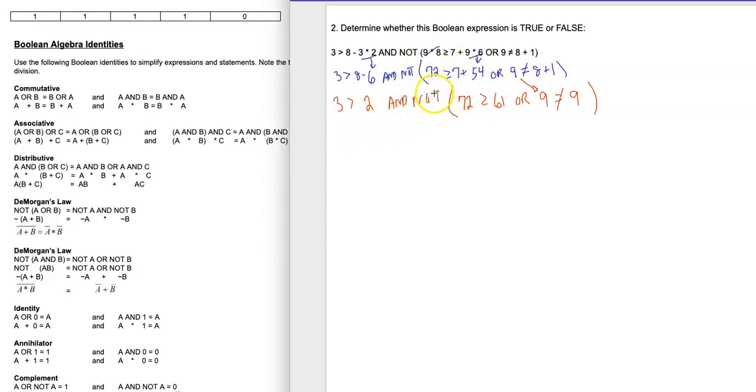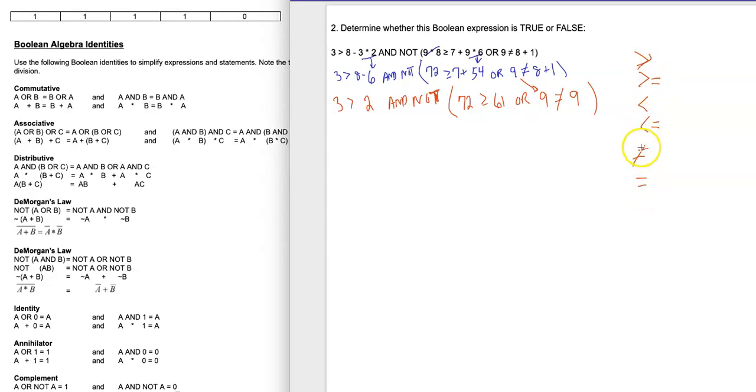Okay, the next step. I'm finished with additions and subtractions, and of course multiplications and divisions. So now we work out the relational operators: the greater than symbol, the greater than or equal to, the less than or equal to, and any not equal to's, and any simple equal to's.